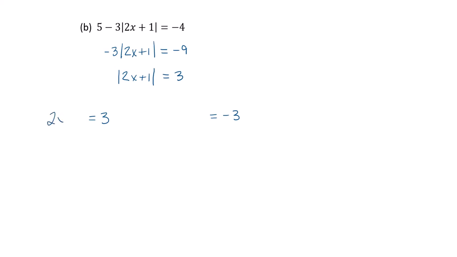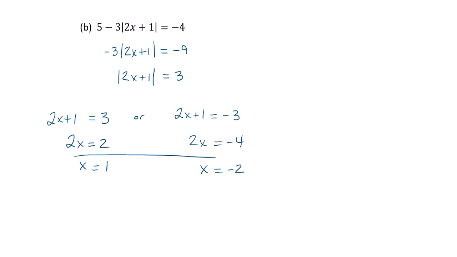So I know that 2x plus 1 either equals 3 or 2x plus 1 can equal negative 3. And then we solve those simpler linear equations. We get x equals 1 and x equals negative 2. Again, you can visually check this and you'll see that both of those solutions work.